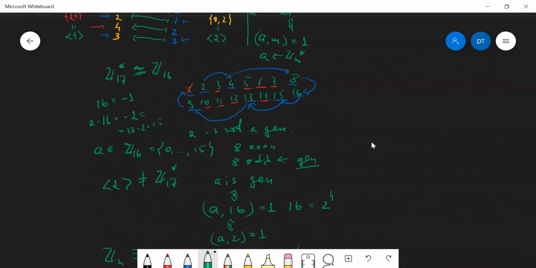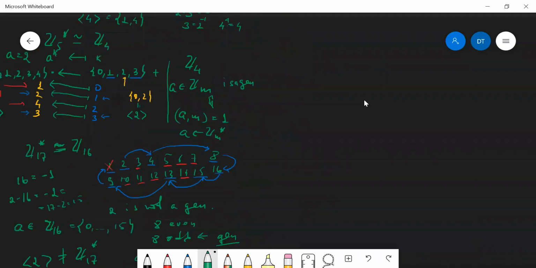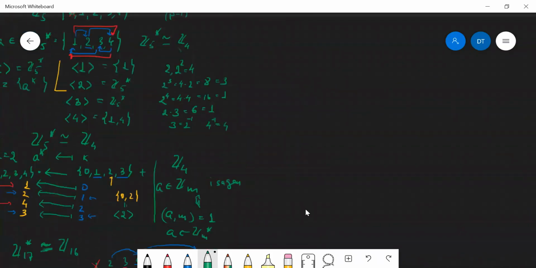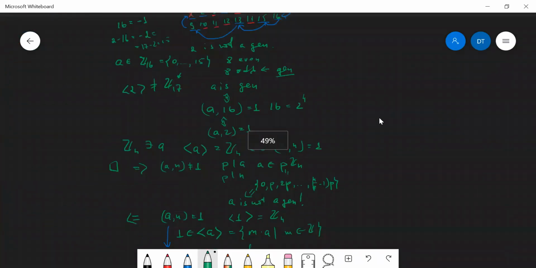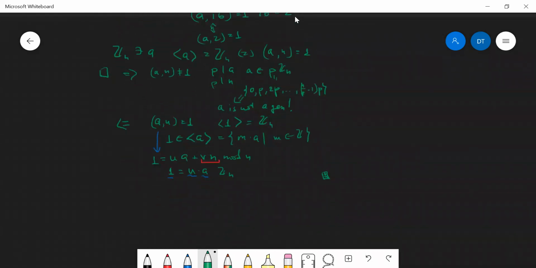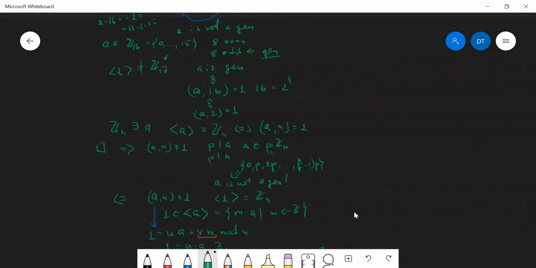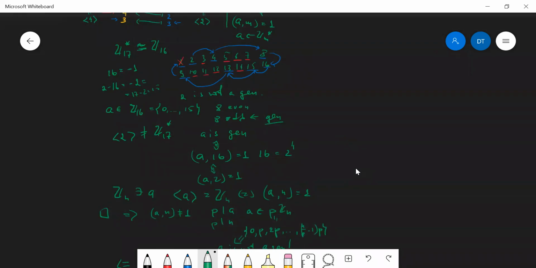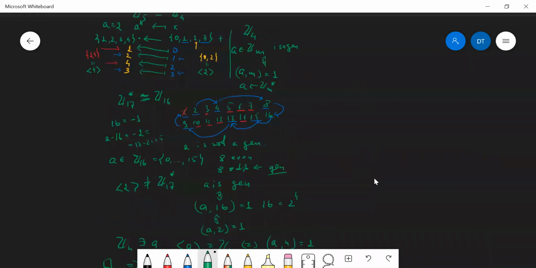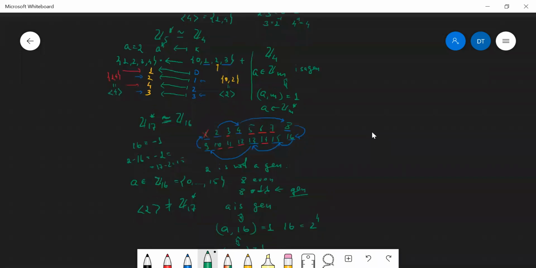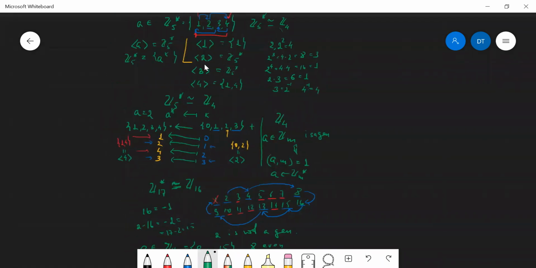Okay, and let's try to compute a generator. By the way, are there any other questions regarding this computation? So in general, let me summarize what's going on here. In this case, we took an arbitrary element, which was 2.